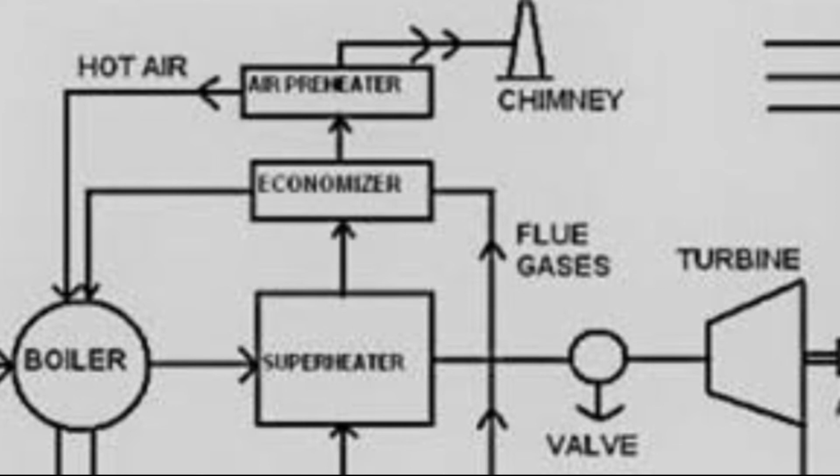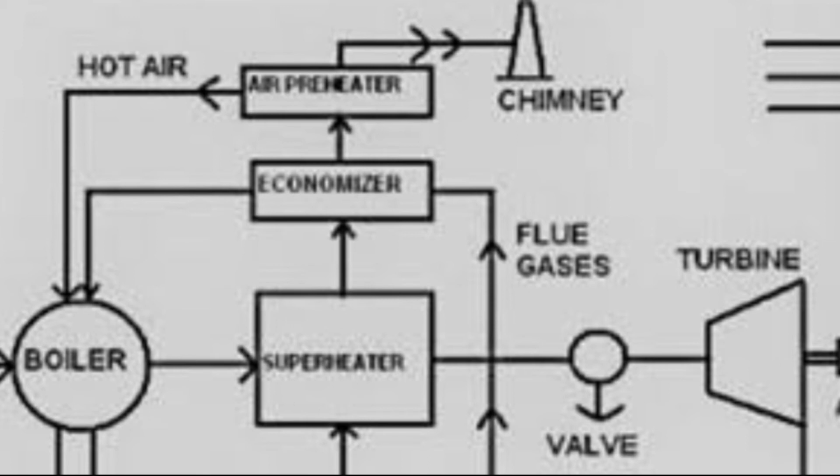The air preheater extracts heat from flue gases and increases the temperature of air used for coal combustion. The principal benefits of preheating the air are increased thermal efficiency and increased steam capacity per square meter of boiler surface.